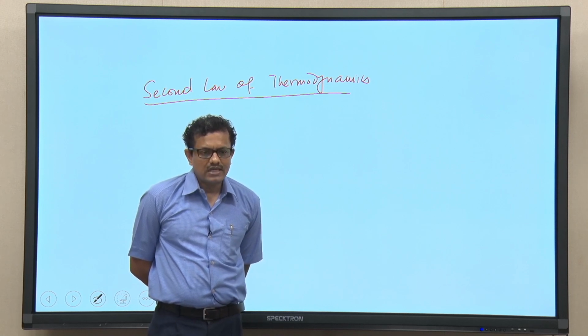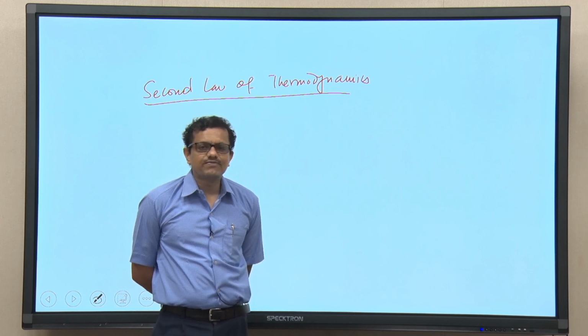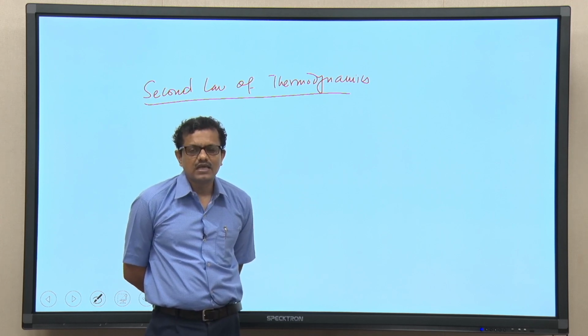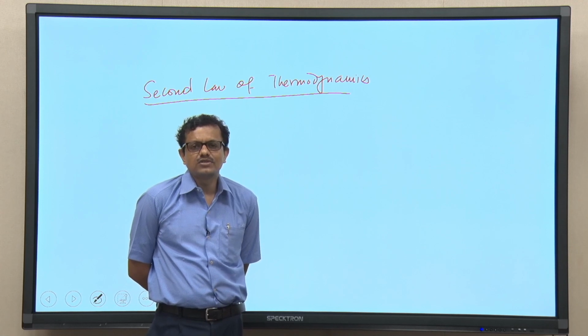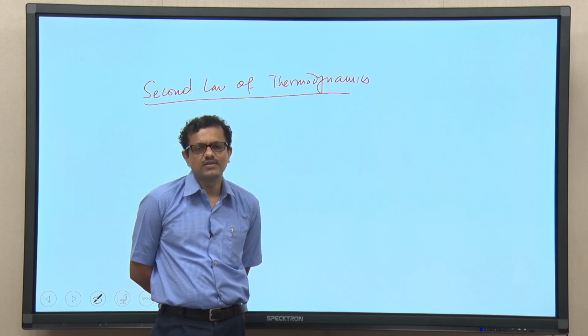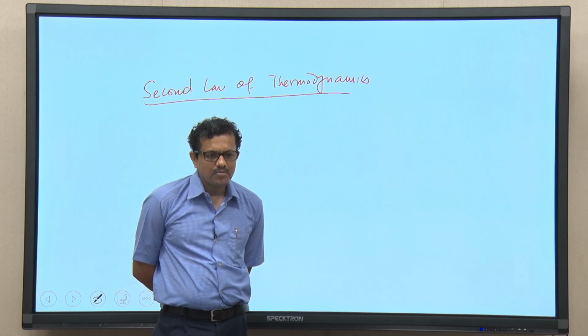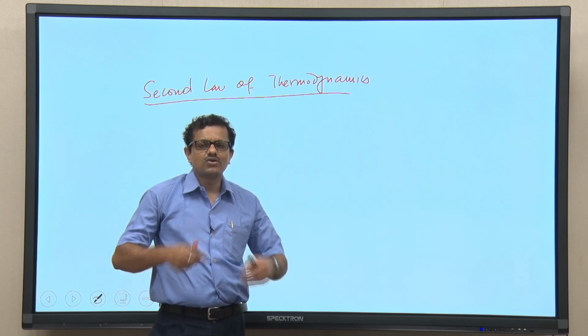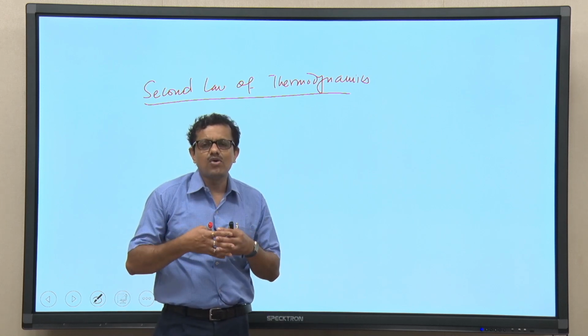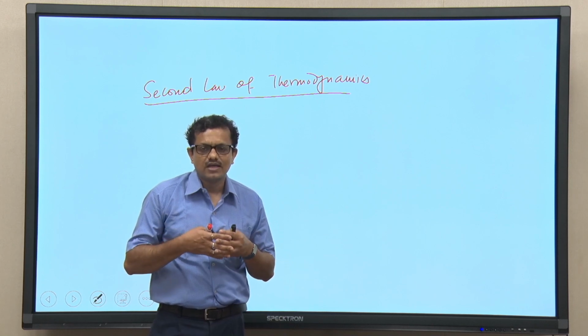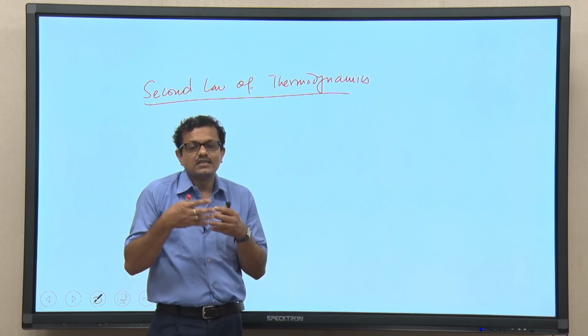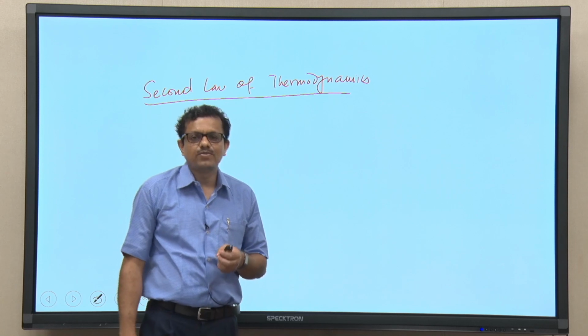Now, when we have discussed energy transfer across the control surface, energy exchange between system and surroundings when the system is a control mass system, it mostly talks about the conservation of energy, but it does not provide the directionality of the processes.